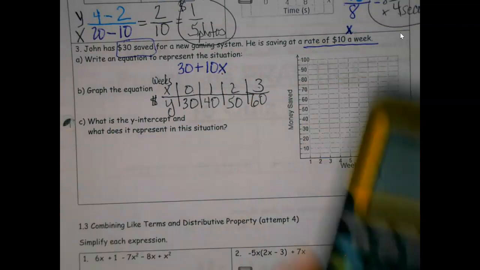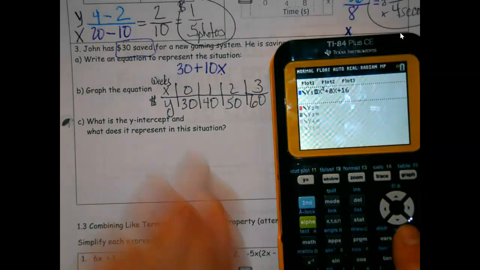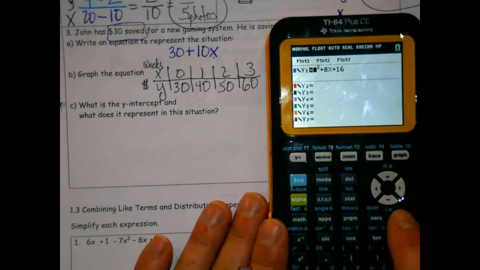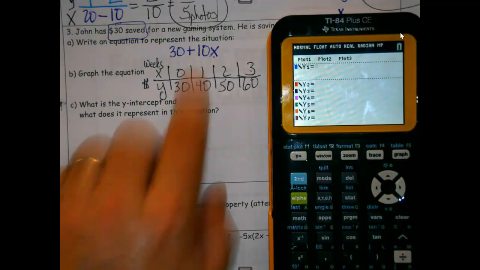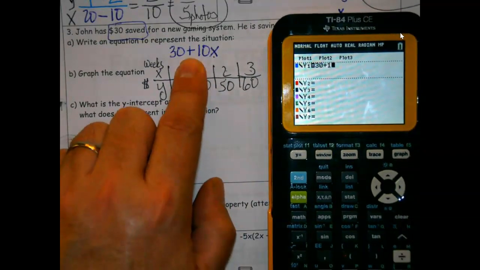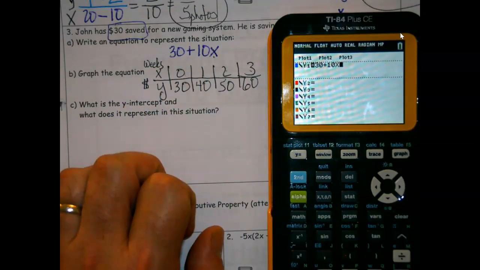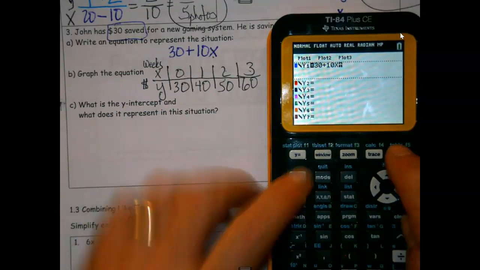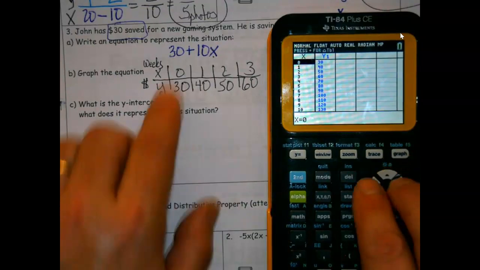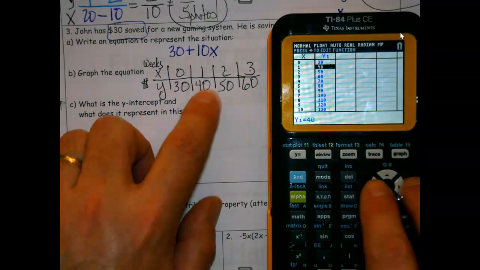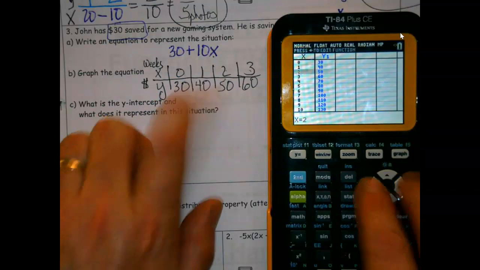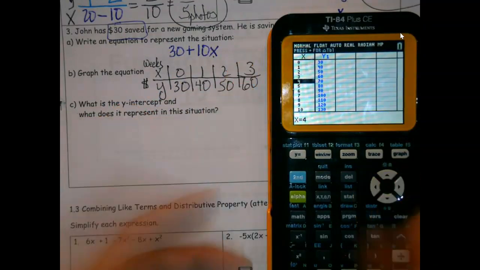But if you really want to be slick, you have the option. We put this in your notes too. You could go to y equals and plug that in and do second graph: 0, 30; 1, 40; 2, 50; 3, 60. And you could even make more if you wanted to.